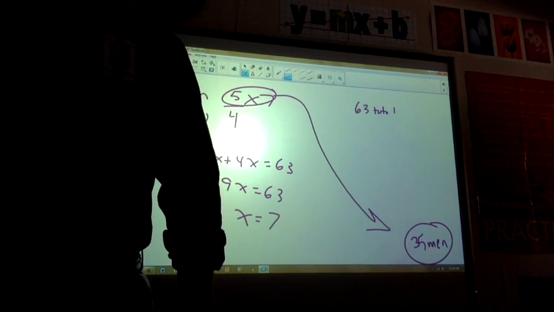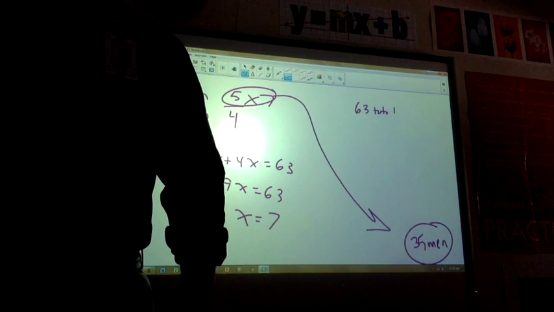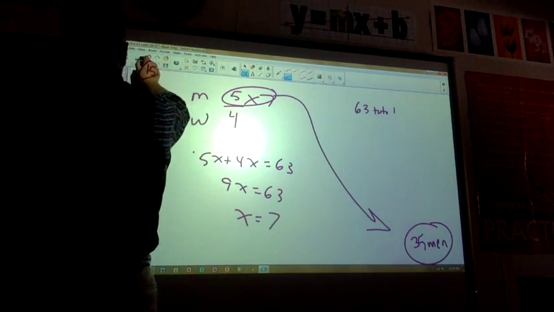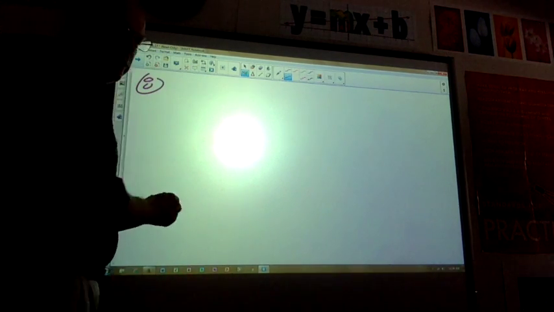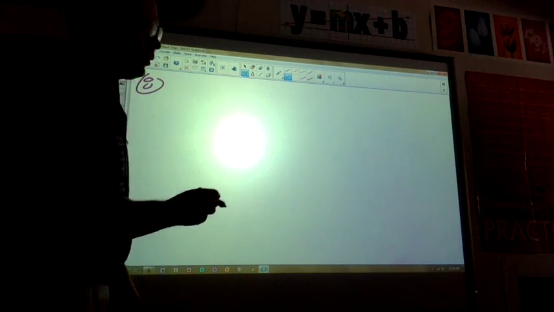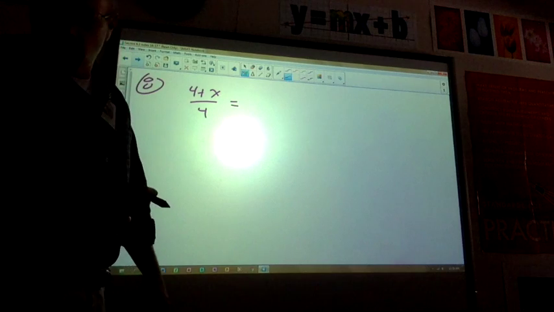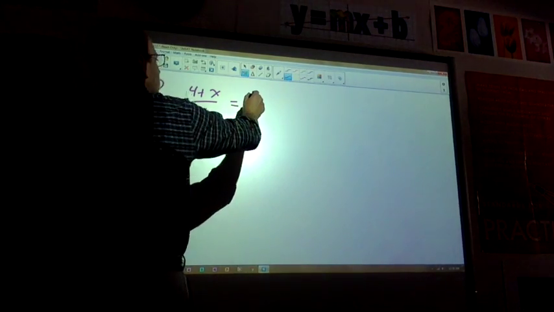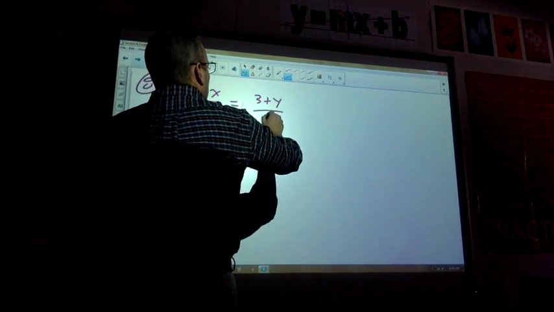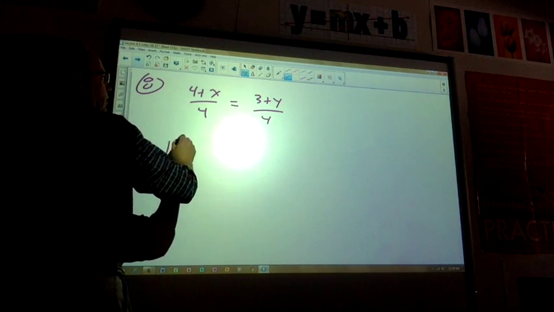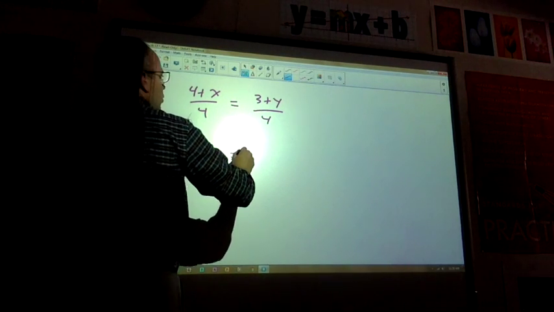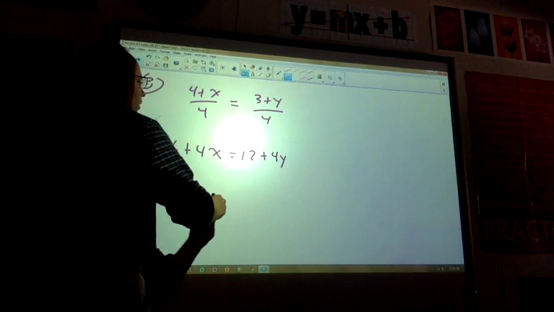X over 4 equals, okay, decide if it's true or false. So the best way to determine if that's going to be true or false is just cross multiply. So 4 plus x over 4 equals 3 plus y. If you cross that, that's going to give you 16 plus 4x equals 12 plus 4y.